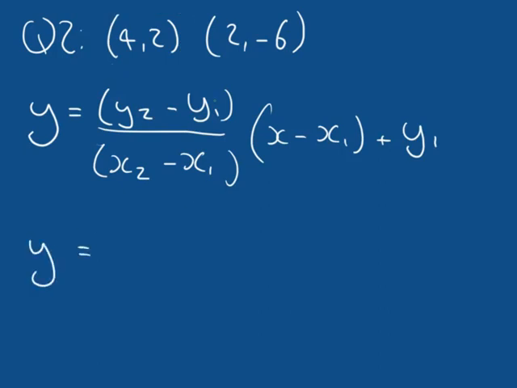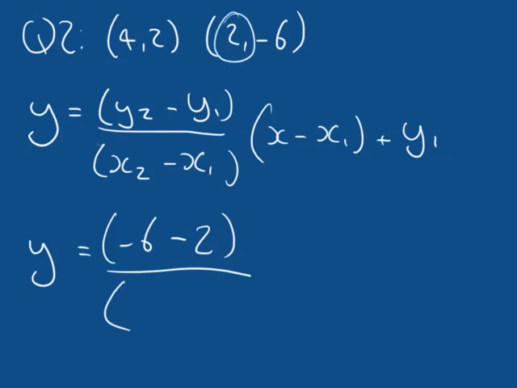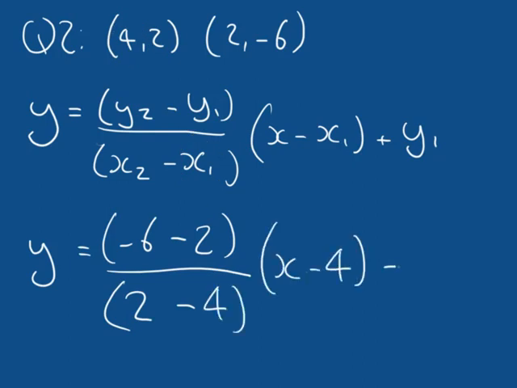So y is equal to, so y2 is negative 6, minus y1 which is 2, divided by x2 which is 2, minus x1 which is 4, times x minus x1 which is 4, plus y1 which is 2.